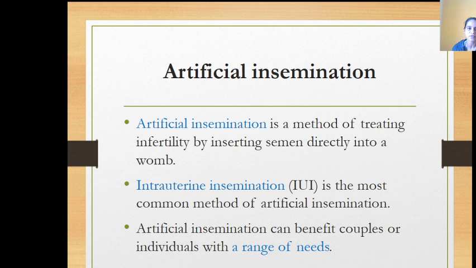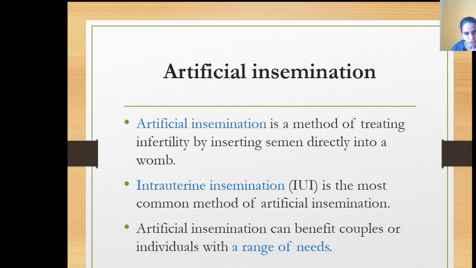See, in the previous classes we have discussed one of the methods of treating infertility, that was IVF, in vitro fertilization technique and embryo transfer, simply called test tube baby. Okay, so in this particular method of treating infertility, semen is directly inserted into the womb of the mother.